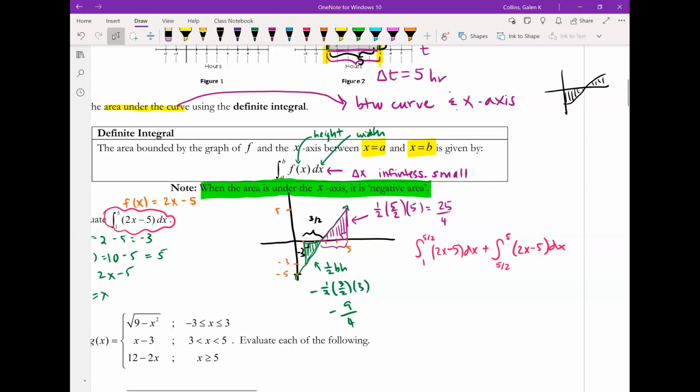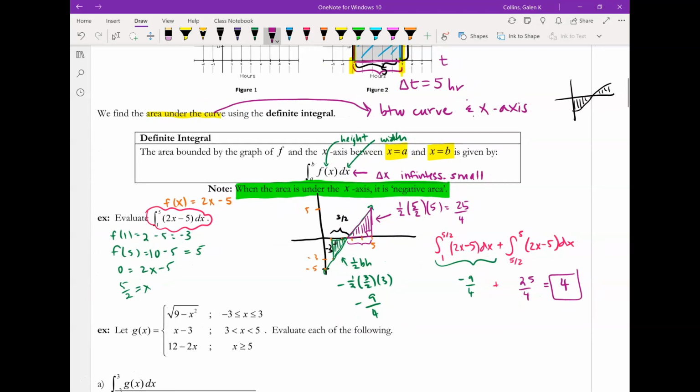Those areas we just got: the first one is our negative 9/4, and the second area is 25/4. So instead of considering this as one shape, we decomposed it into two triangles, and that's what those two integrals represent. Now when I add 25/4 and negative 9/4, we get 16/4, which is 4. So our final answer is 4.